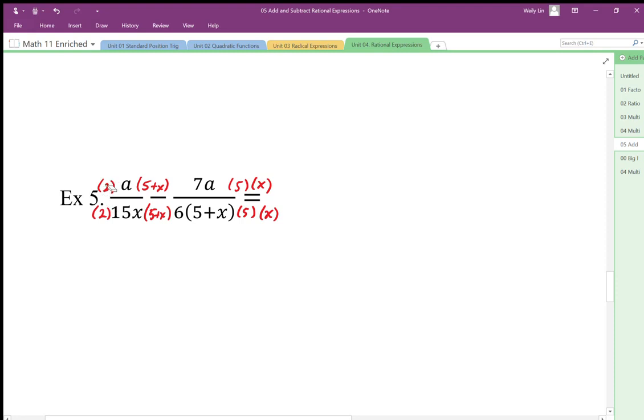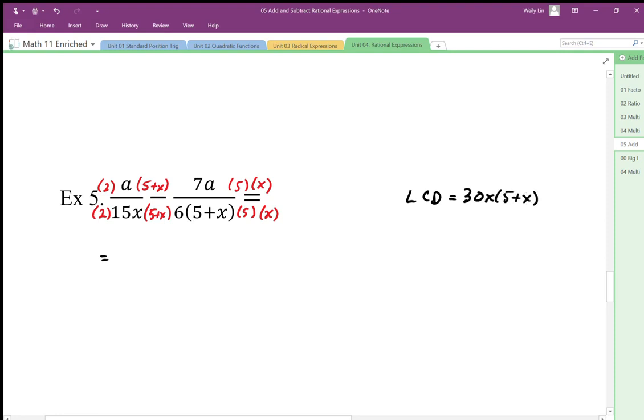We just worked with the numbers first. I dealt with the binomial factor next, and I dealt with the monomial factor of x last. So our lowest common denominator, I'll just write over here, is going to end up being 30x times 5 plus x.